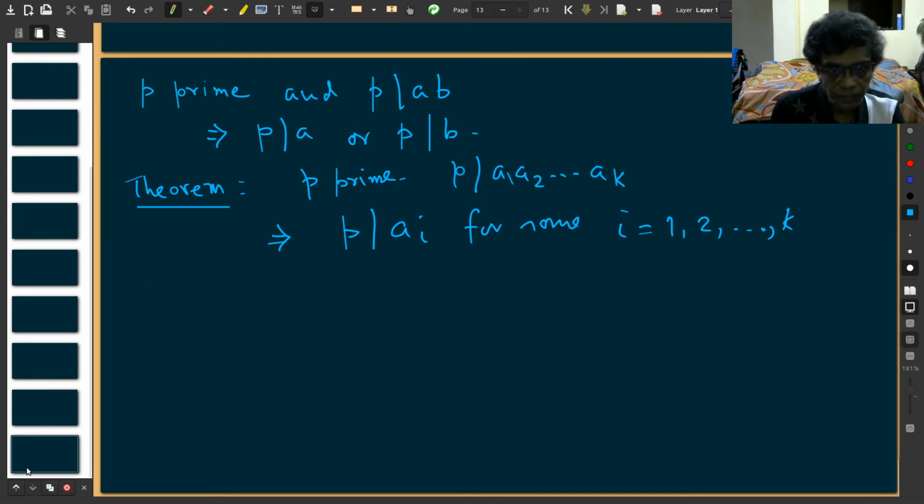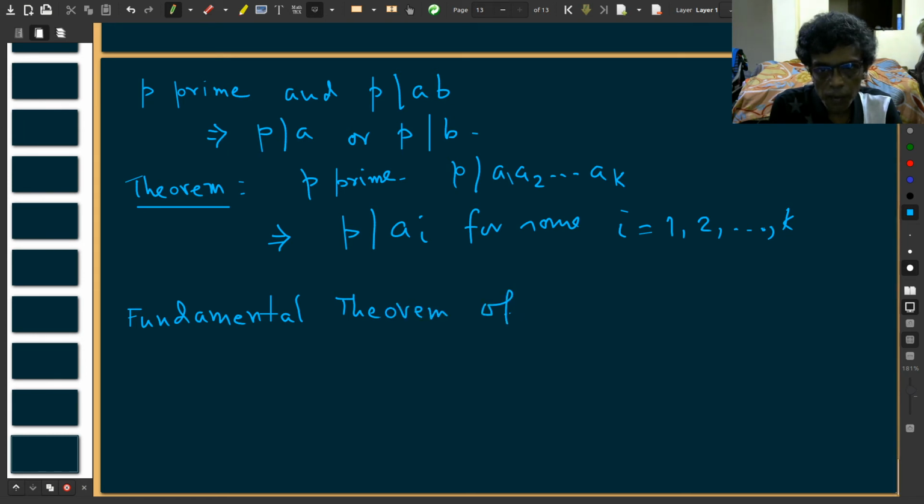Now, given all these things, I now have the tools to prove this important theorem, the fundamental theorem of arithmetic.